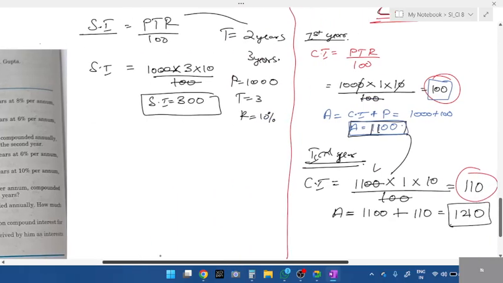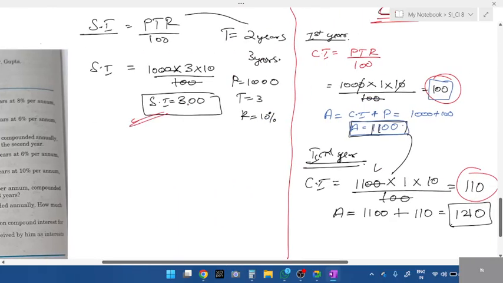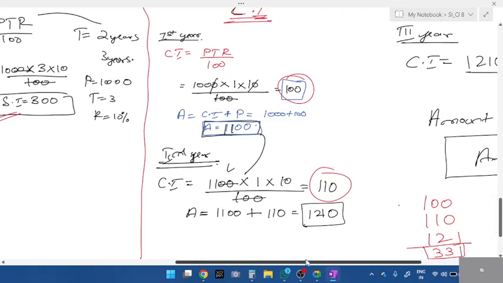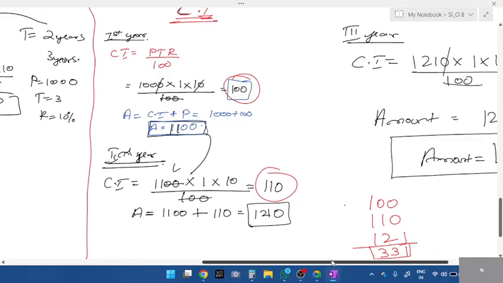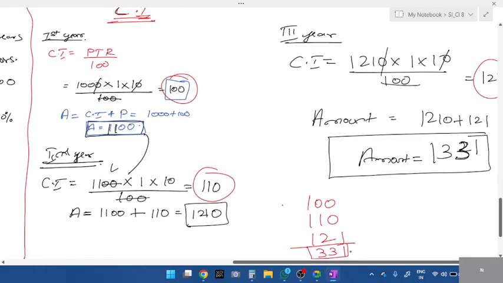But here, what did we get for 3 years? How much interest did we get? It was only 300. Which is greater, 300 or 331? 331. So compound interest is always greater than simple interest. In compound interest, you get more returns.